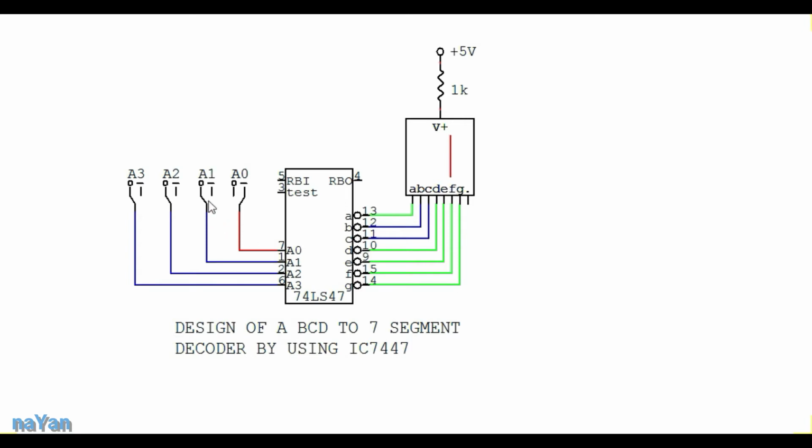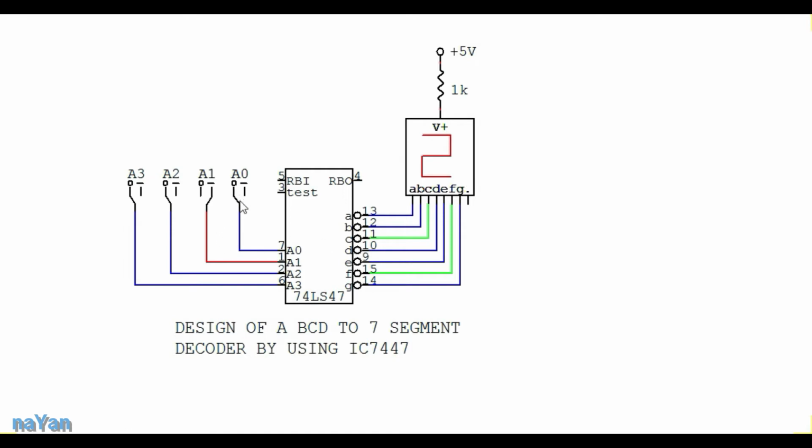In the same way, when we provide 0 0 1 0, that is 2, it forms a combination of zeros and ones. Those zeros and ones, when connected to the 7 segment properly, we get the formation of 2.